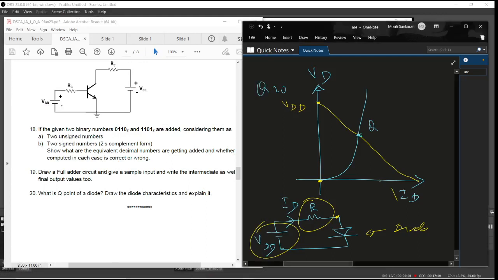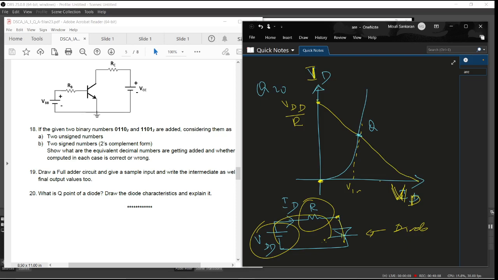Important mistake is this. It should be VDD, VD, and this should be current. Sorry about it, because this is the voltage we get. So we have to call it VD and ID. So this is VDD by R, which is, if the voltage is completely zero, it's a short circuit, then the current will be completely conducting over this.